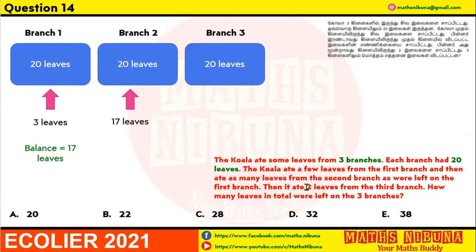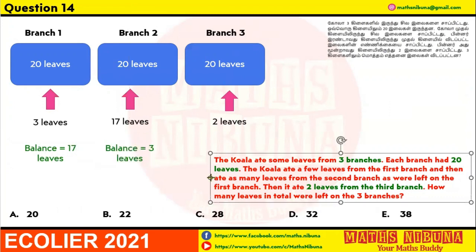Okay, it ate 2 leaves from the third branch. They didn't directly give you the answer. She ate 2 leaves. So when he ate 17 here, how many are left here? We have 3, correct?